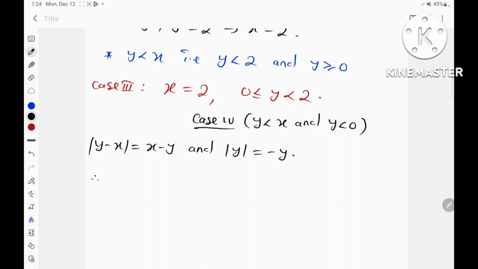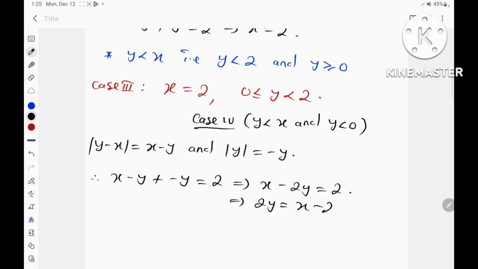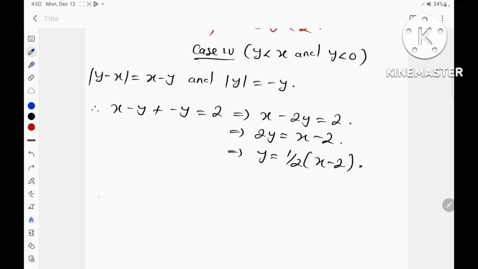And therefore, from the given equation, we're going to have x minus y plus negative y, which is equal to 2. And this implies that x minus 2y is equal to 2. That is, 2y is equal to x minus 2, meaning y is equal to a half into x minus 2.